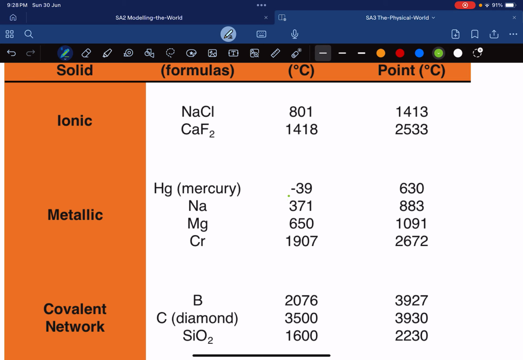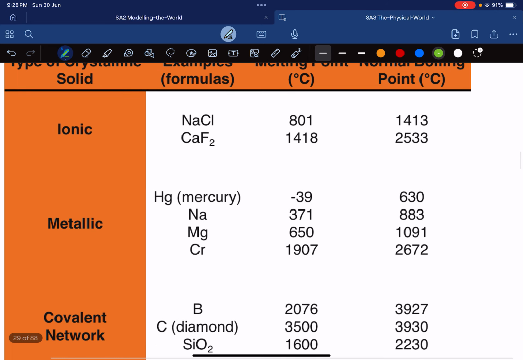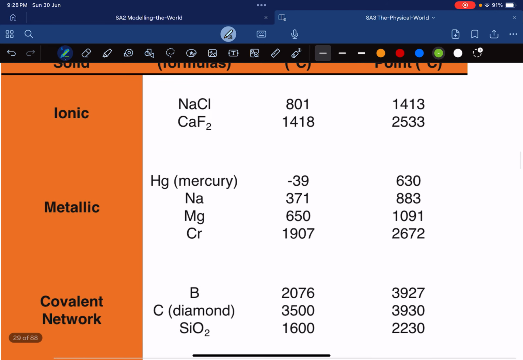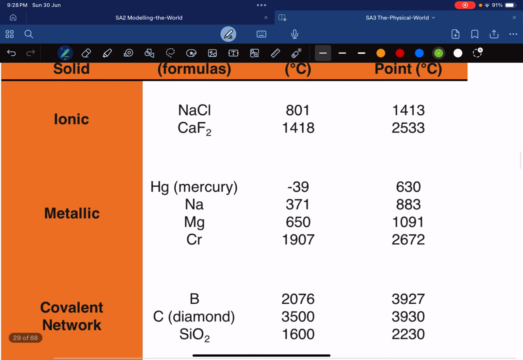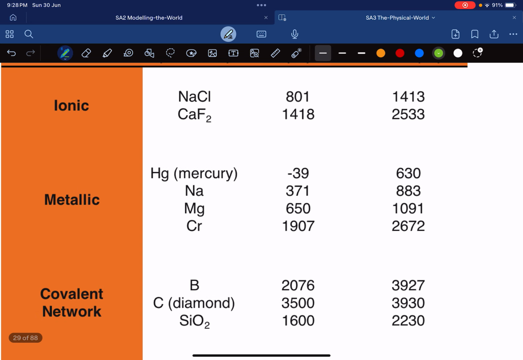But the rest of them are really high. Their melting temperatures are in the hundreds, and their boiling temperatures are in the thousands. So these crystalline structures have very strong attraction between the particles that make them up. That is why they have very high melting and boiling points.